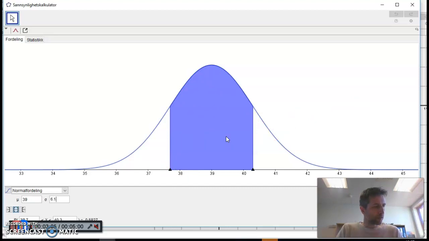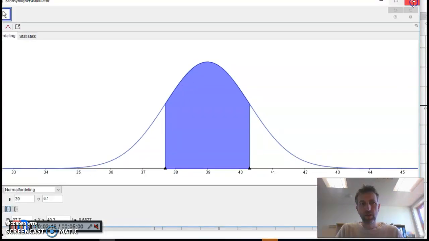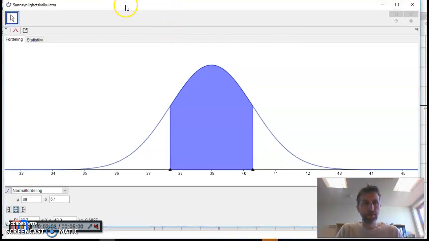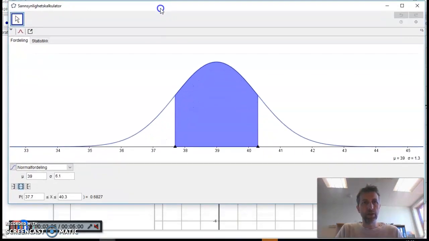The first question here is find the probability that a trout caught in the fish farm is less than 35 centimeters long. The way we could set it up here in GeoGebra is, we can just move the window a little bit.